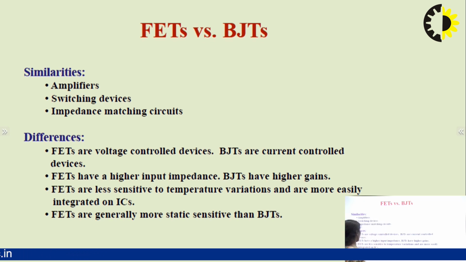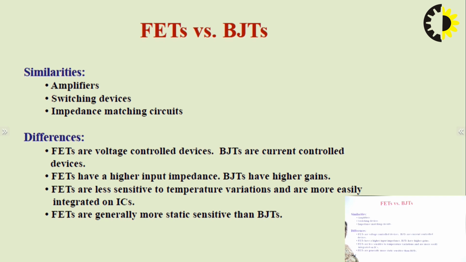Also, FET is less temperature sensitive in comparison to the BJT. In case of BJT, beta is temperature sensitive. As temperature varies, beta changes, and if beta changes, then all the output currents change.